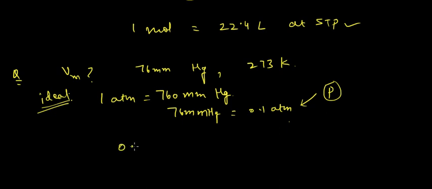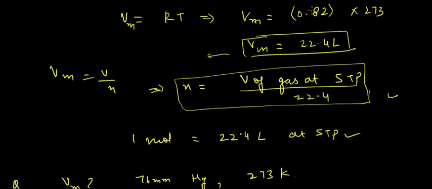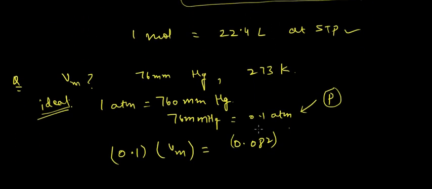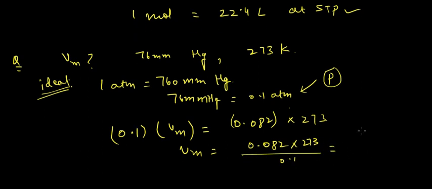So PVm equals RT, where R is 0.082. I forgot to write it in the previous example as well. So Vm equals 0.082 into 273 divided by 0.1, which will give us how much?